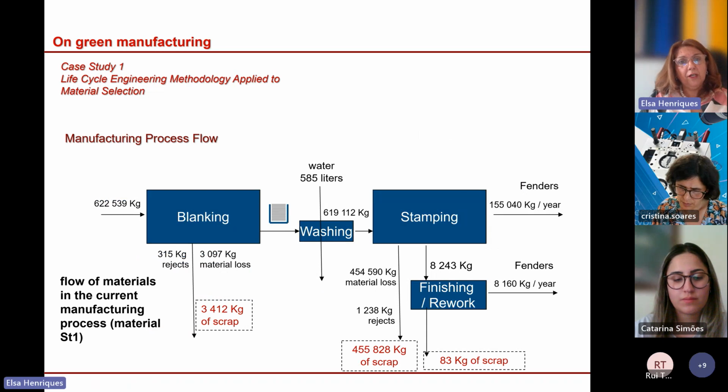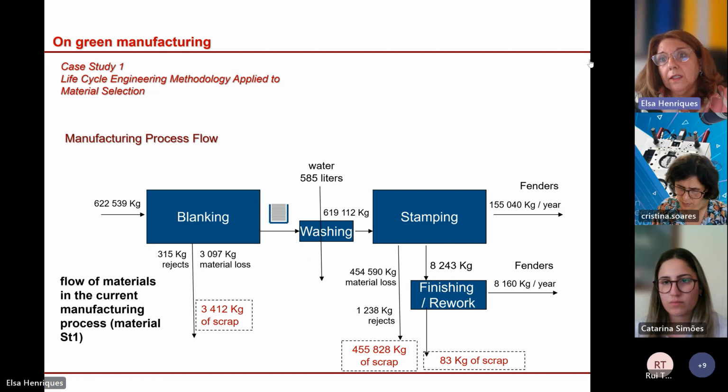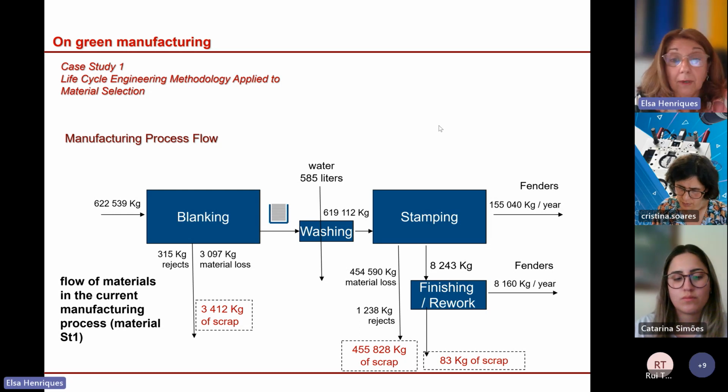In terms of the manufacturing process, here you have a snapshot of the flow of raw materials. In that case it is the current process that is already implemented in the OEM. And so we have here a mild steel, which we call ST1.